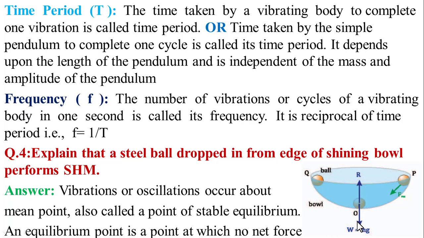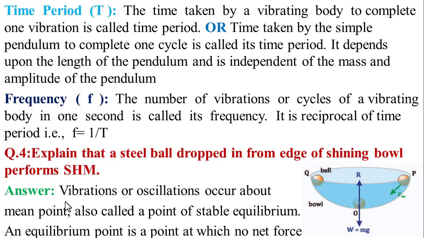At the mean position, weight acts downward and normal reaction acts upward. So the body at this point is at rest. It moves from O to P, P to O and O to Q. This motion is about its mean position, so it is performing simple harmonic motion.